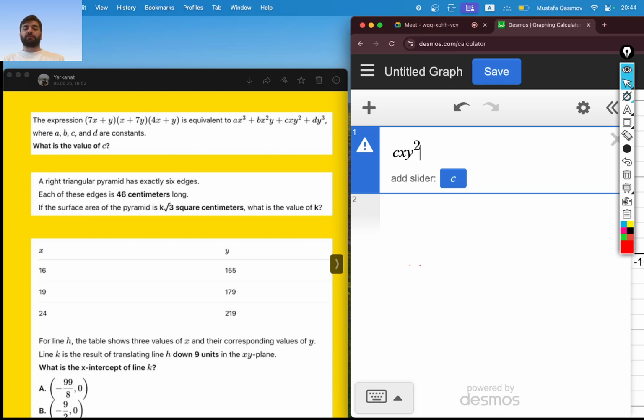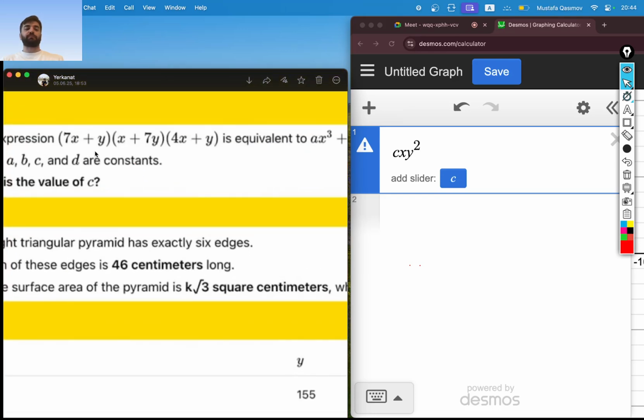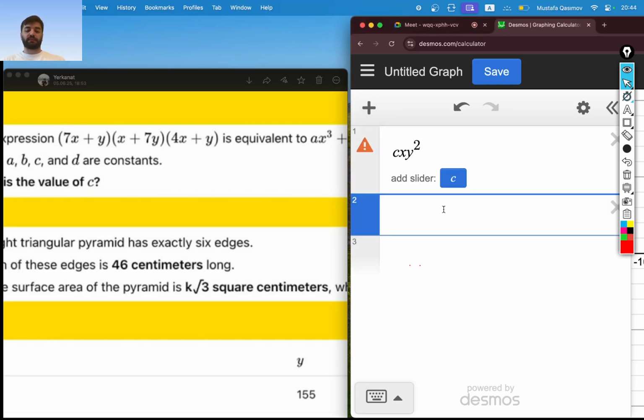How we can get xy square from these brackets? We need 1x and 2y, so we can think like this: 7x multiplied by 7y and another 7y. So it will be equal to 49 xy square.